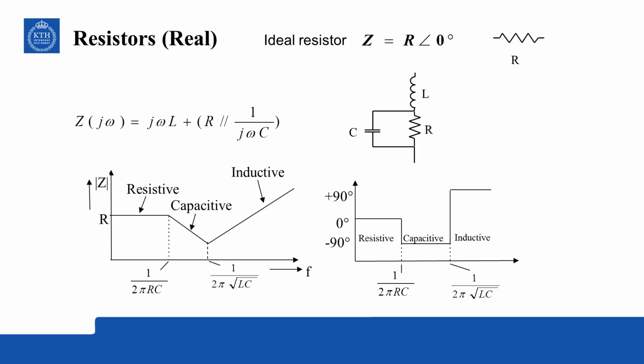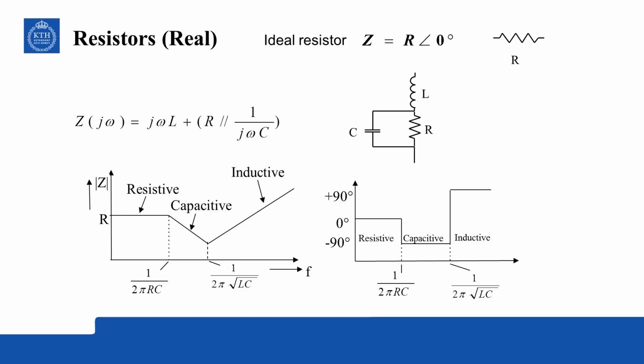Then inductive impedance is also increasing, and capacitive impedance is decreasing, and at some point of frequency both become equal and you have a resonance, and that resonance point is given by 1 by 2 pi root LC. And beyond that resonance point, inductive impedance is much more than capacitive impedance.